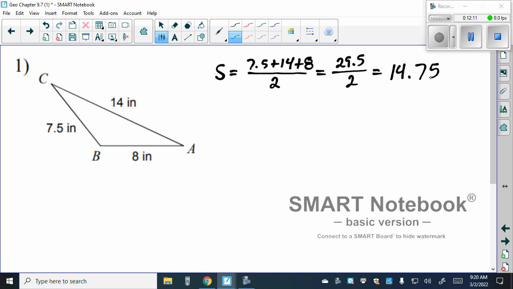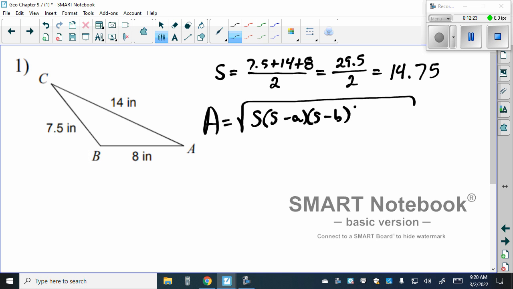So that's what we needed to find first. Now the area is equal to the square root of S times S minus A times S minus B times S minus C.